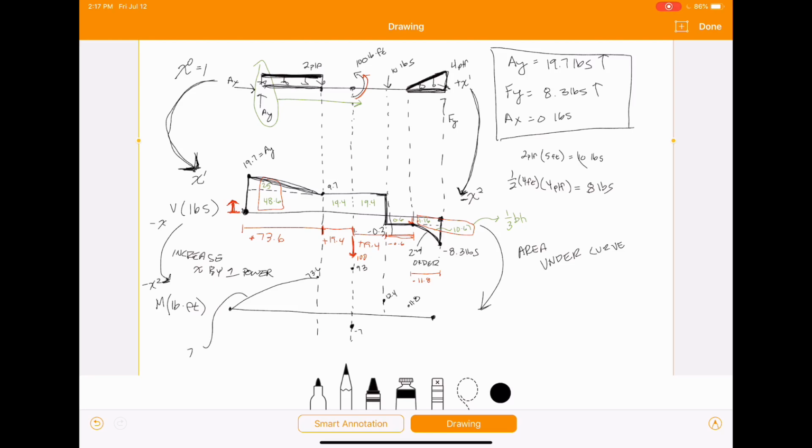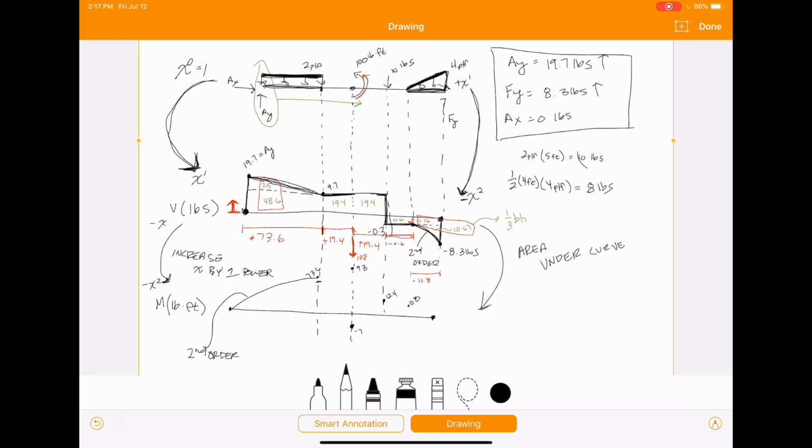Again, I just like to label these second order, because when you start drawing these really small, your second, third, and fourth order start looking the same. So it's just nice to identify what's what. So from here to here, it looks like we've got just a constant line.